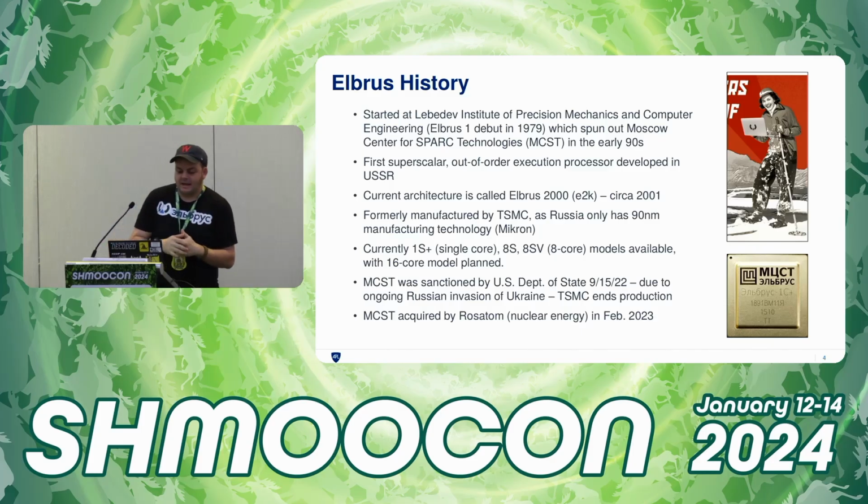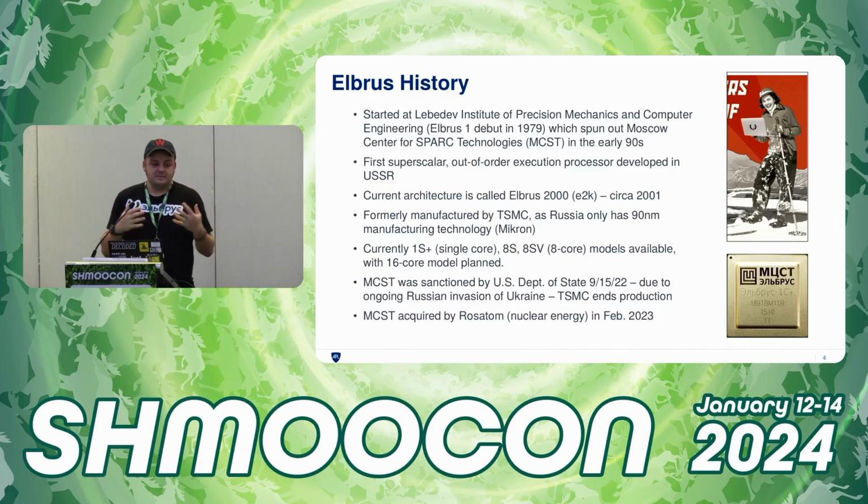The same thing was happening with Elbrus in Russia at that time. And we're going to get into how they designed that and why it's similar to but different from Intel.